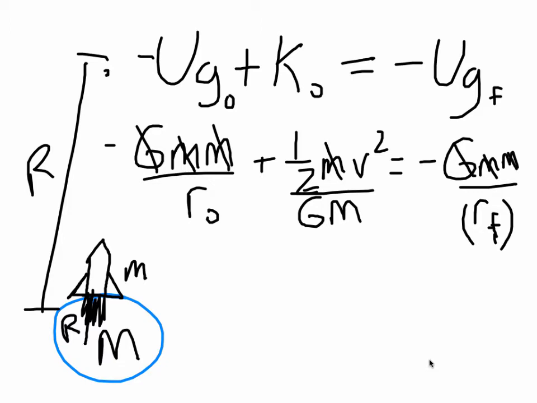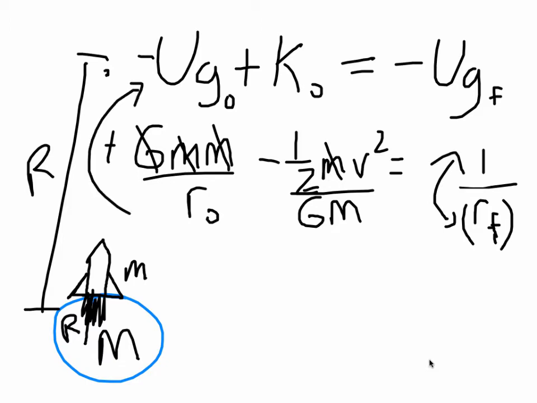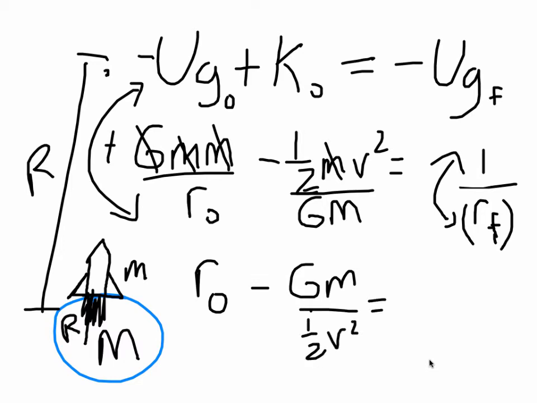It was divided over by a negative, so we'll make everything opposite signs, which leaves you just 1 over final position. So if I want to get my final position, I'm just going to flip this side. That means I have to flip everything on this side. So it's going to be my initial position minus GM over 1/2 v squared equals my final position.